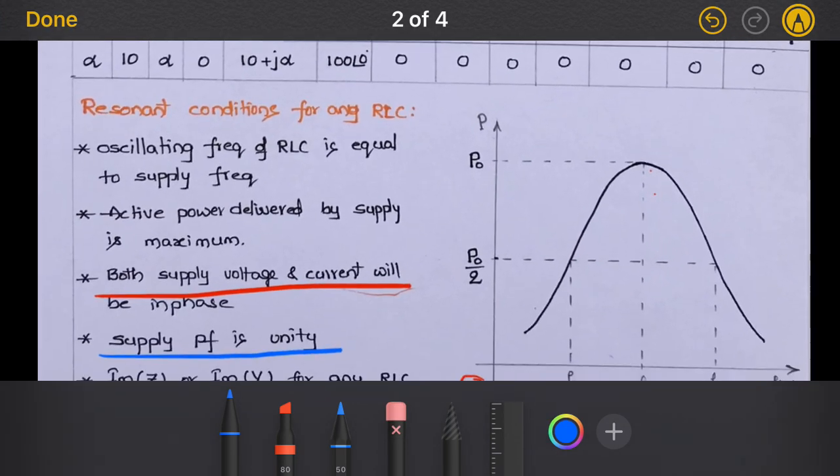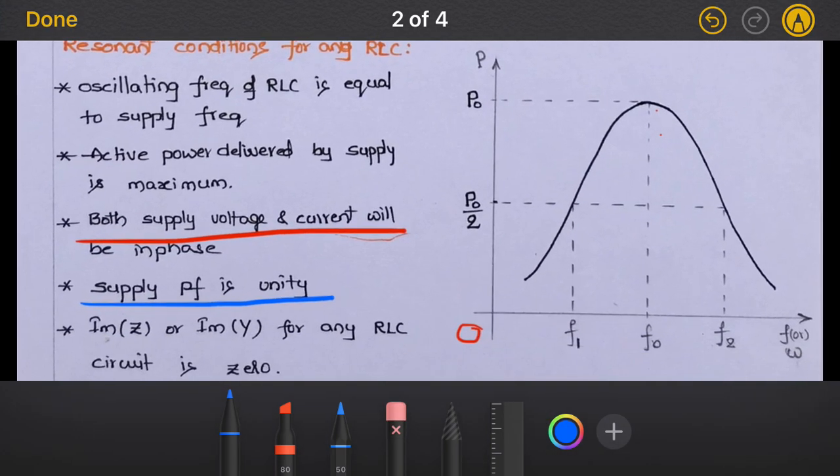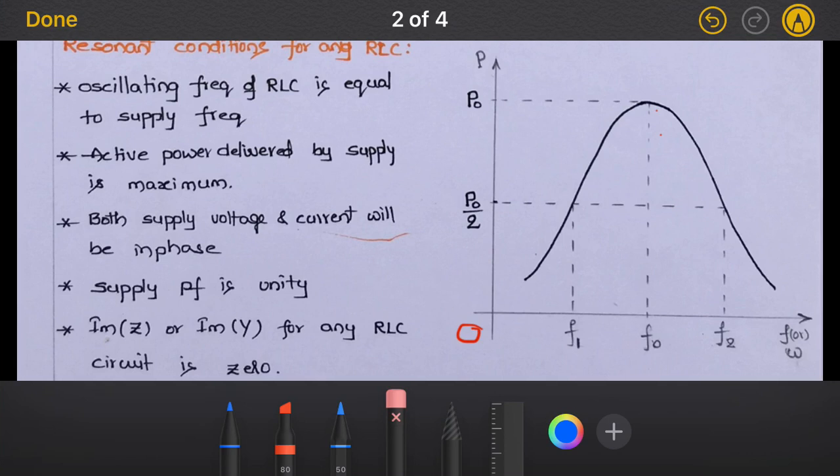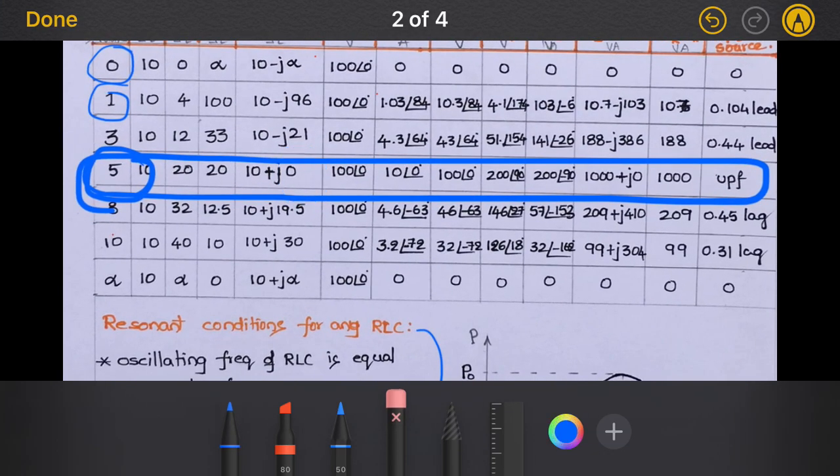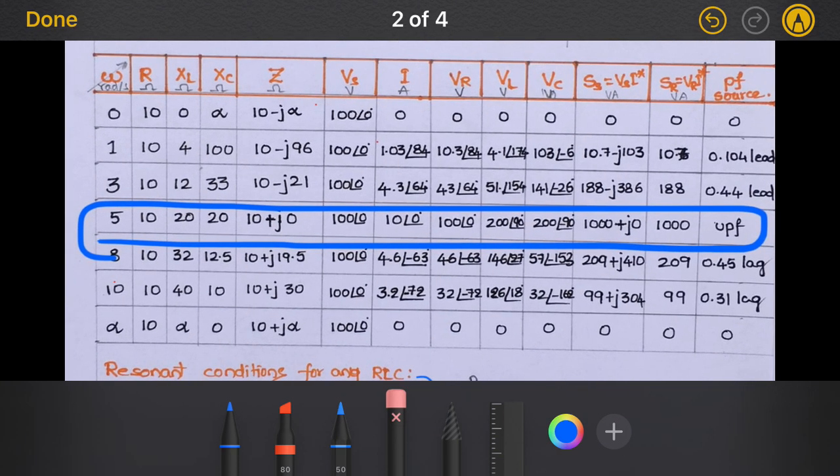Okay, so these conditions are valid for any kind of resonant RLC circuit. Fine. Now coming to the series RLC circuit, let me make a few conclusions. This complete data is related to the series RLC circuit, because we derived it from the series RLC circuit.